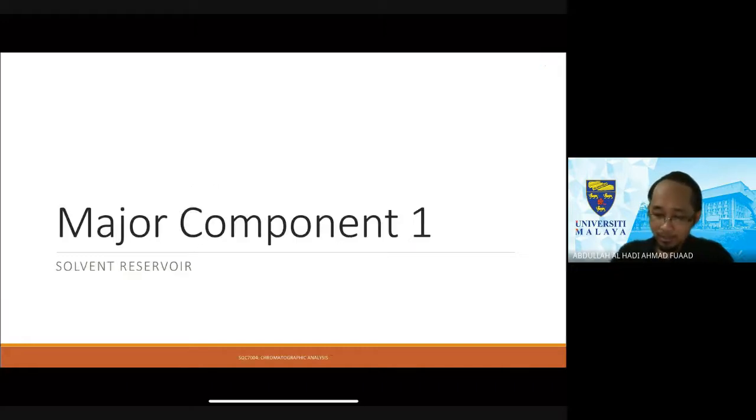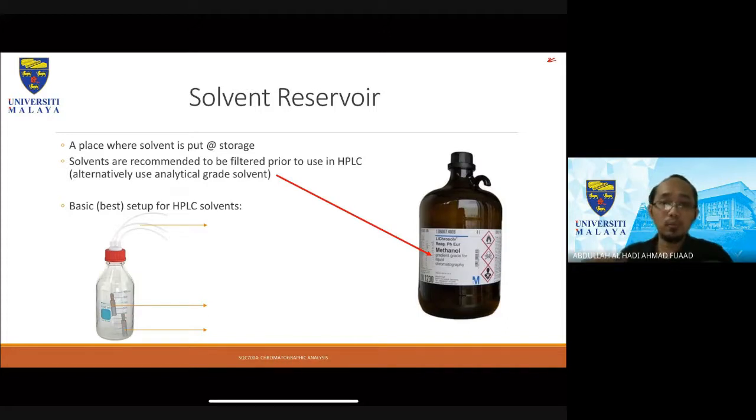Okay, so we looked at component number 1, the most basic one, the Solvent Reservoir. So the Solvent Reservoir is basically your solvent storage area. It's not the bulk storage area, it's just a place where you put your HPLC solvent. The solvents are recommended to be filtered.